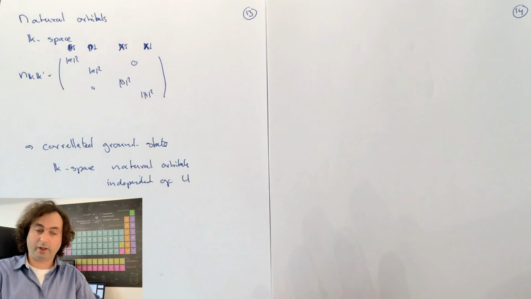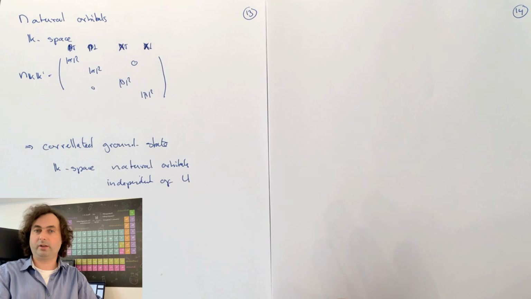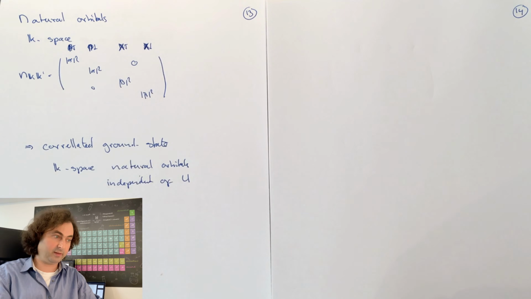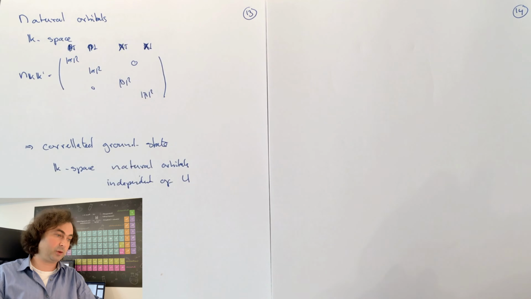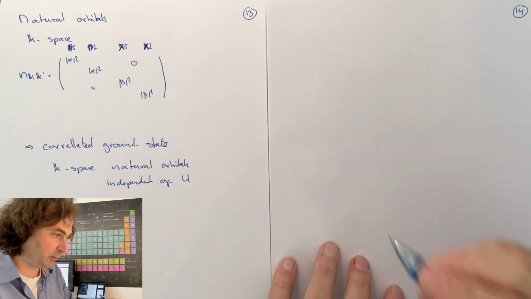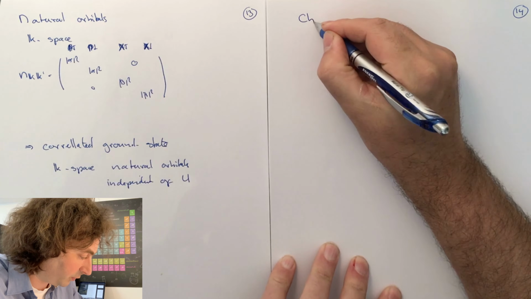Now, instead of looking at single Slater determinant representability of your state, we have also defined a few other characteristics of correlated systems. So we can have a look at the charge fluctuations, for example.